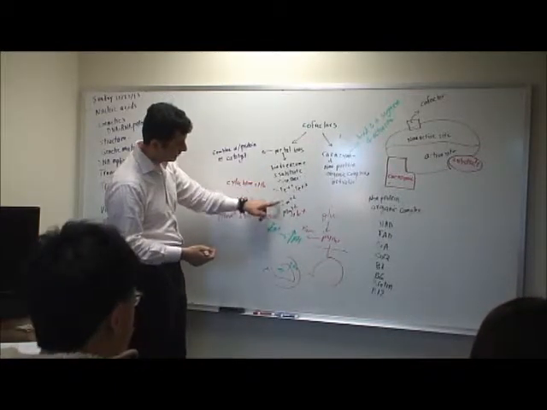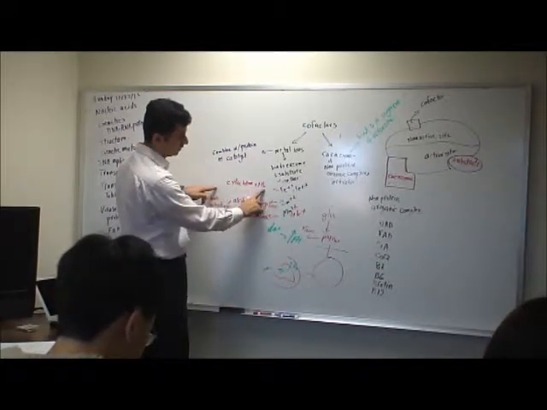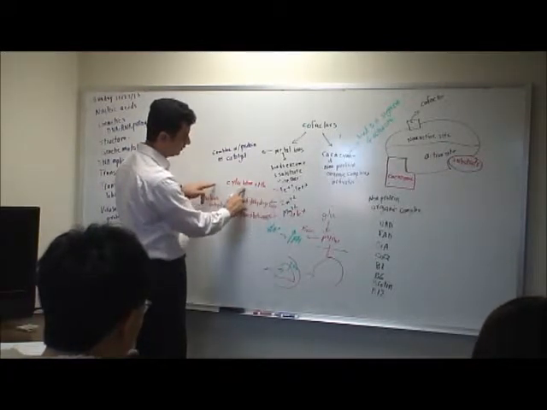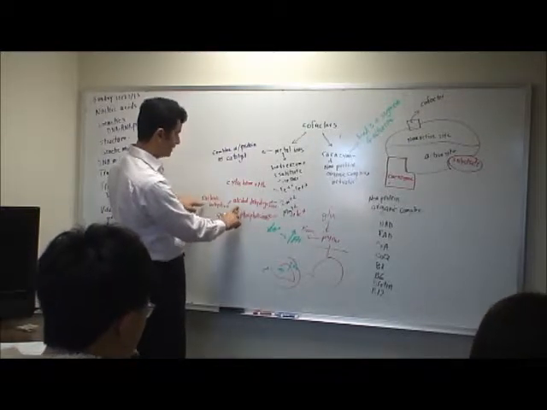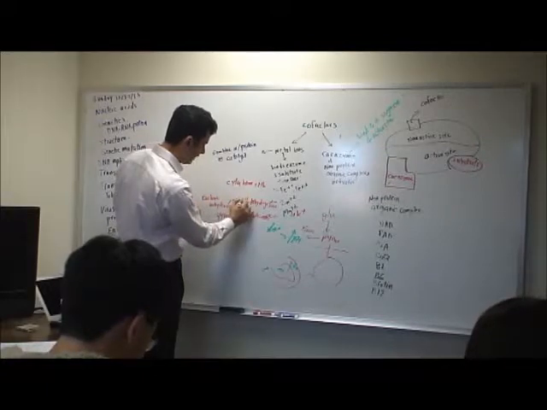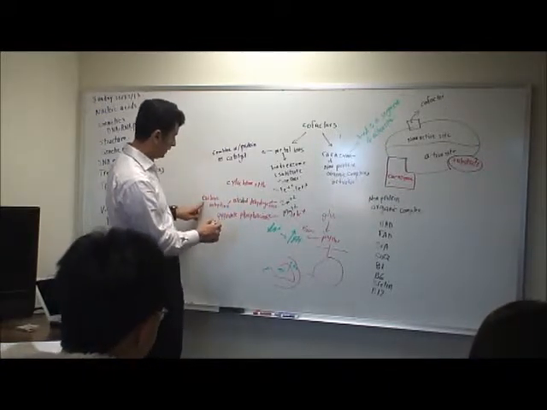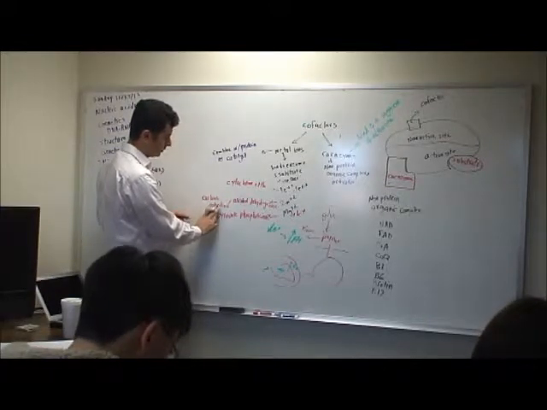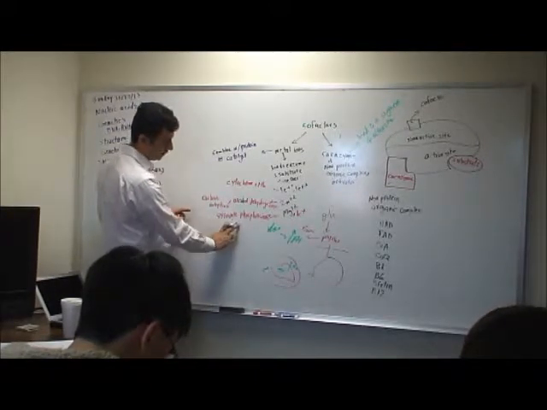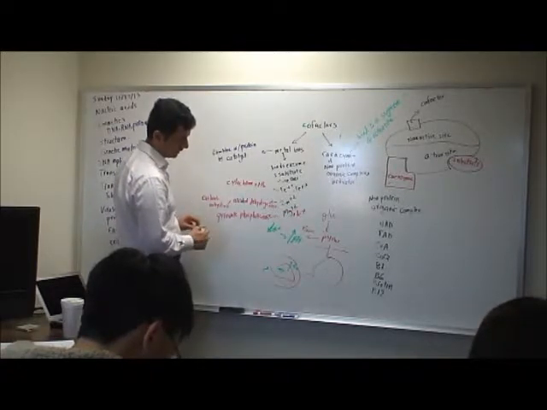A couple of examples: Fe plus 2, Fe plus 3 are in cytochrome and hemoglobin. That's why they have heme group in blood. Zinc is in alcohol dehydrogenase, and also works in carbonic anhydrase. We get to this in blood. And phosphofructokinase uses magnesium and potassium.